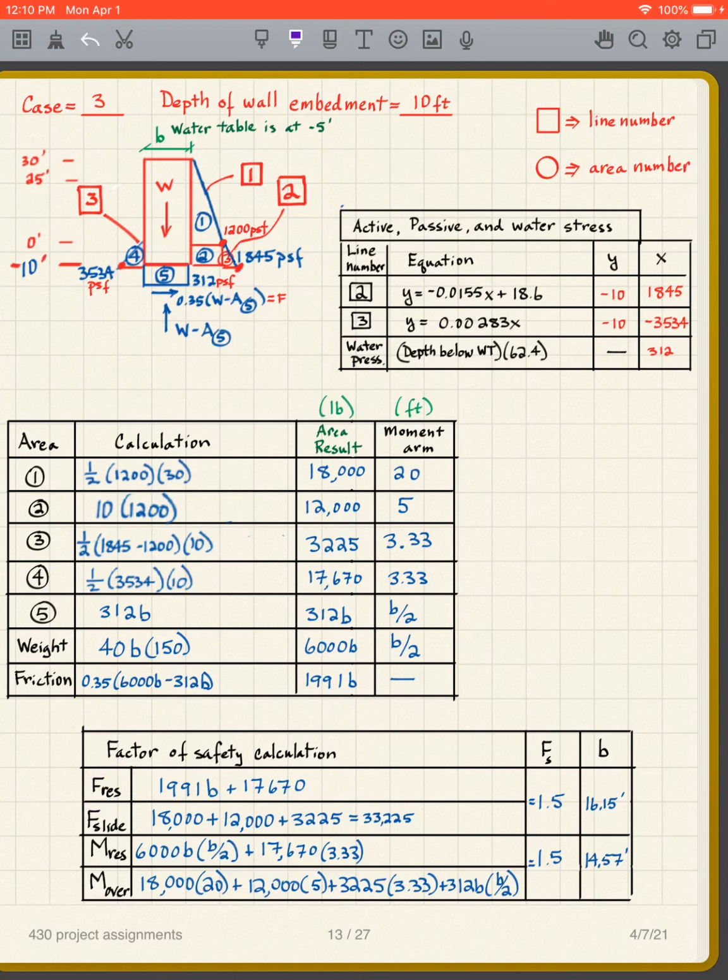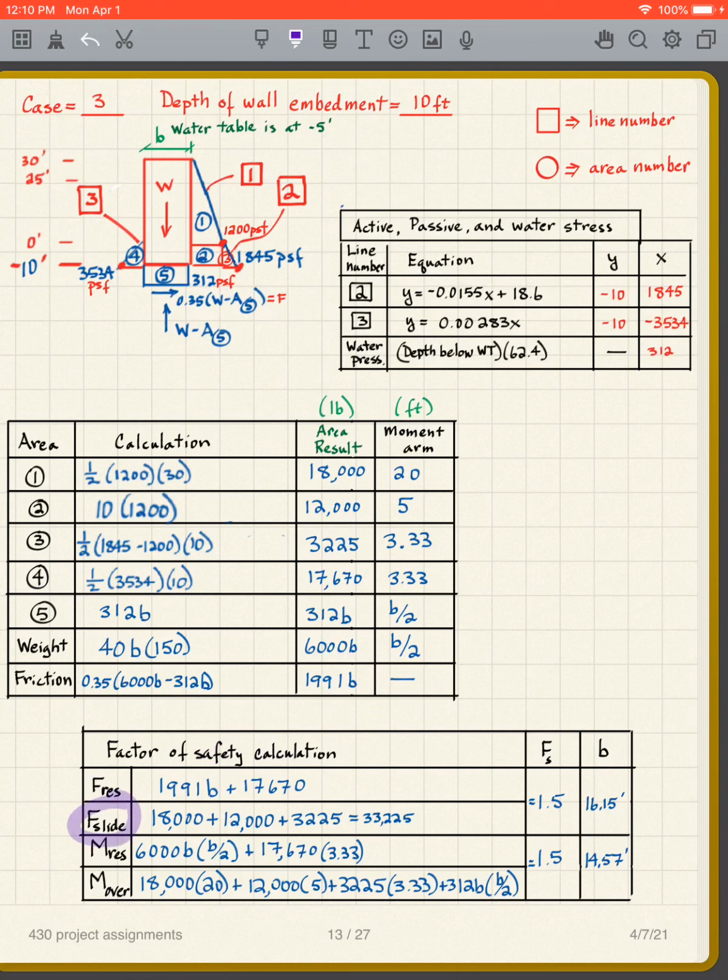So I take my friction and then the passive zone, which is 4, add those together. That gives me my resisting force. I'm just going to leave it like that for the time being. Notice it has the unknown B in it, but that's okay.